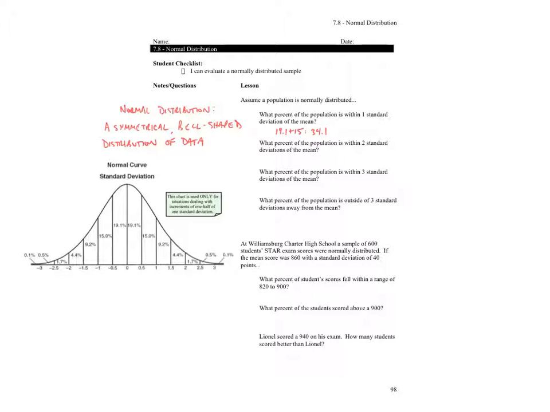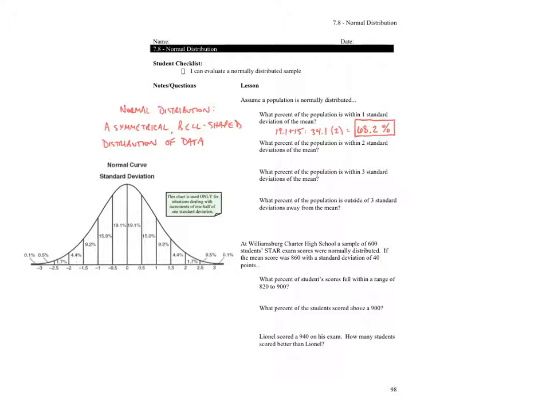So 34.1 times 2 would equal 68.2. So 68.2% of my data falls within 1 standard deviation, which is consistent with what we found in yesterday's notes, right? Most of our data, the vast majority, is right here. Way more than half, 68.2%, that's most of the data.